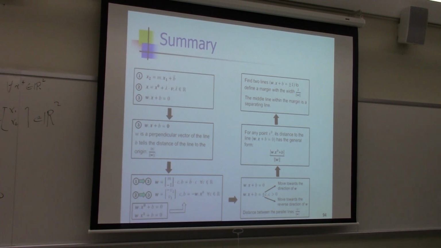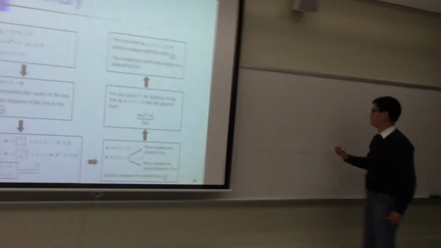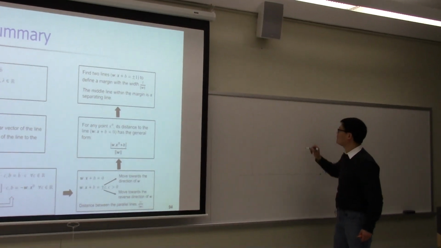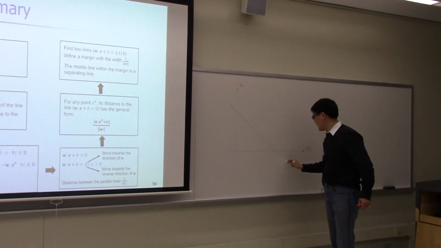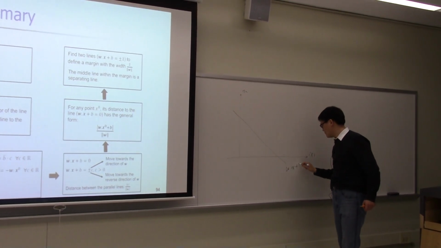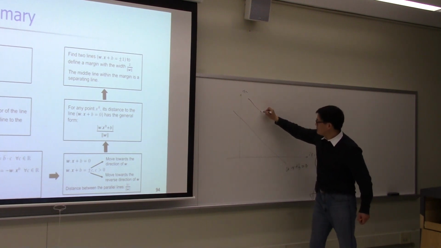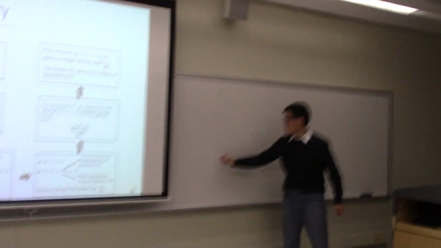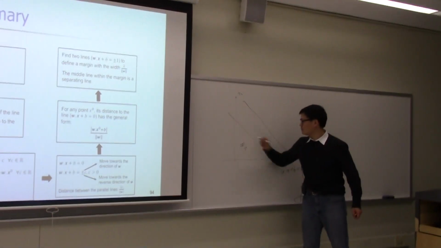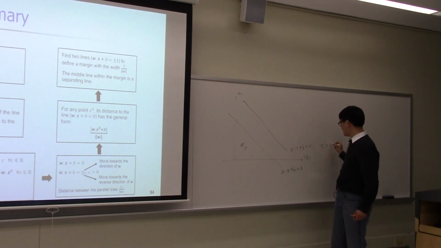So this is a line, W dot x plus B equals 0. A parallel line above this line, with this direction W, can be represented as W dot x plus B equal to C, C greater than 0.